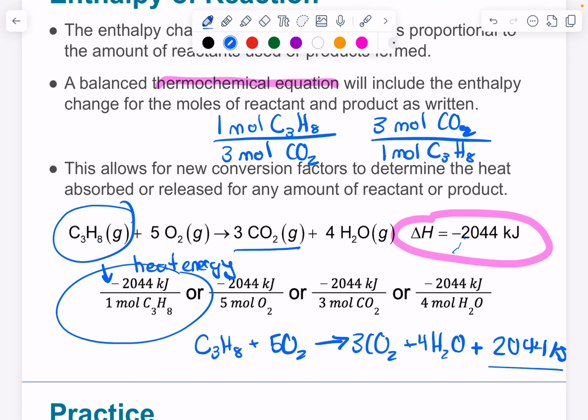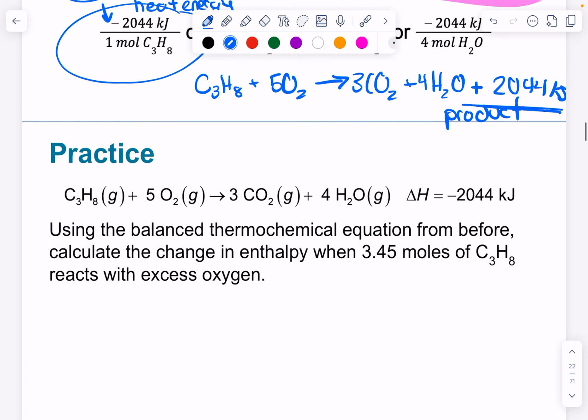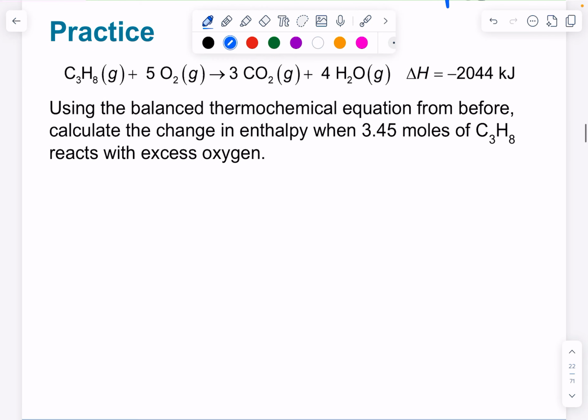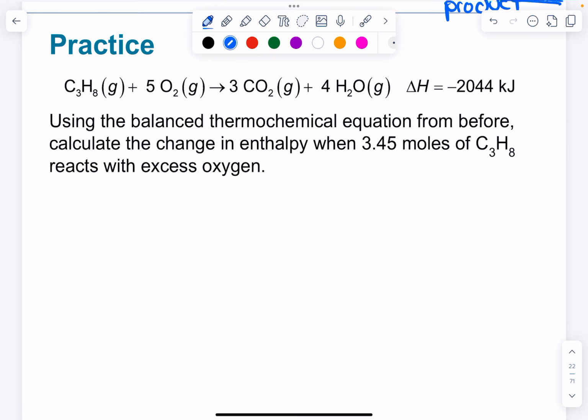Okay, it's like it's a product when it's negative. This is going to correspond to the number of moles too. So for this chemical reaction, that amount of heat is for 1 mole of propane.